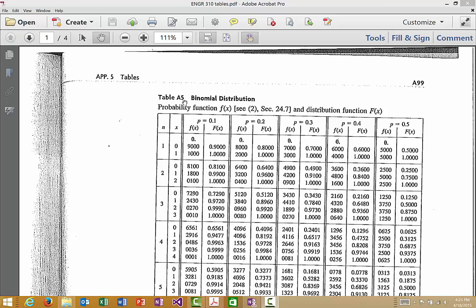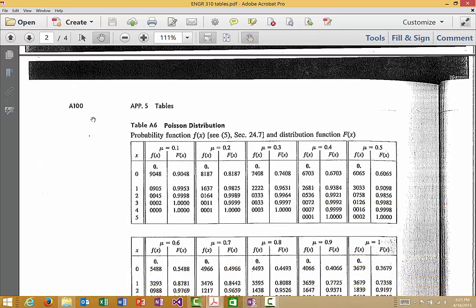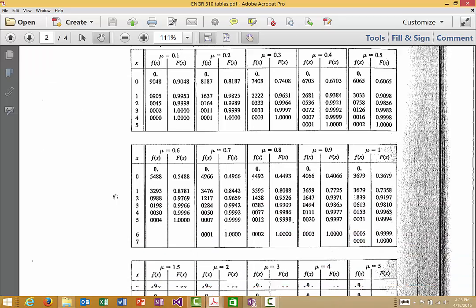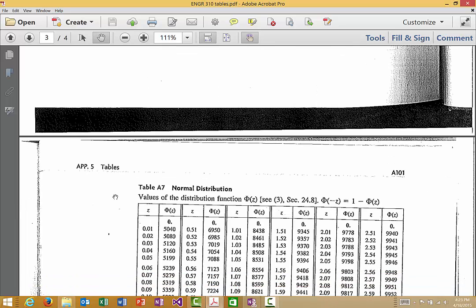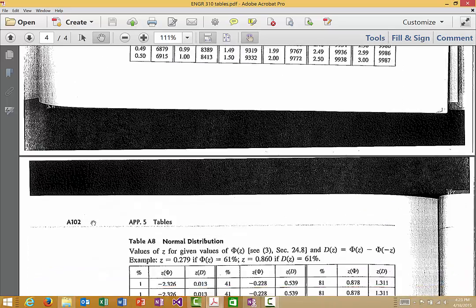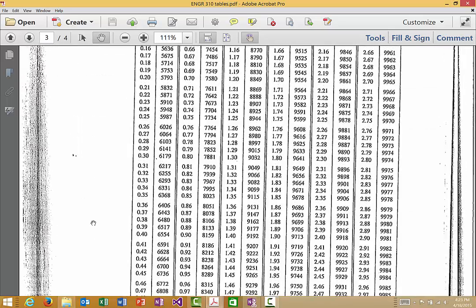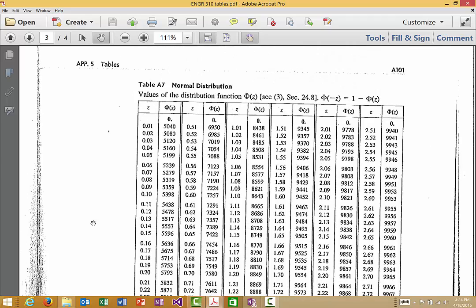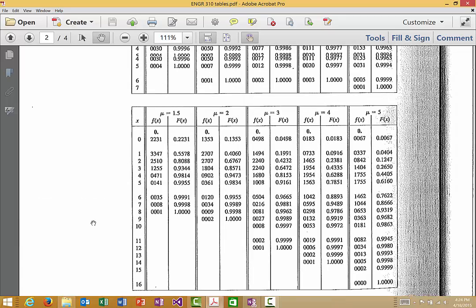Table A5 is for the binomial distribution that we've been discussing, and table A6 is for the Poisson distribution, which we're about to discuss. And then there are also tables A7 and A8, both of which pertain to the normal distribution. We'll be discussing the normal distribution in our next lecture, but all of these tables are important for you in solving some of the problems that we'll be doing.